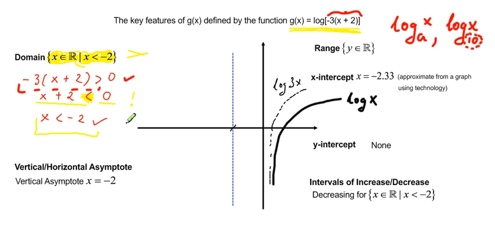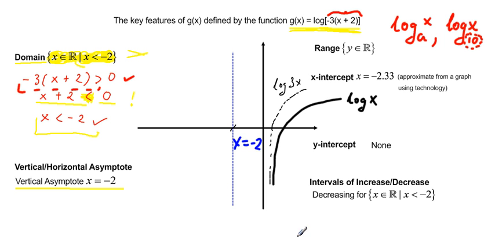So once we have the domain figured out, then the vertical asymptote equation must be x is equal to negative 2, because you are less than negative 2. So this is the line with the equation x is equal to negative 2. Vertical asymptote right here, the blue line.